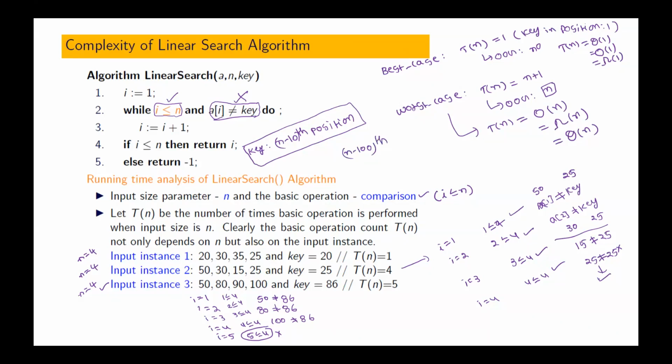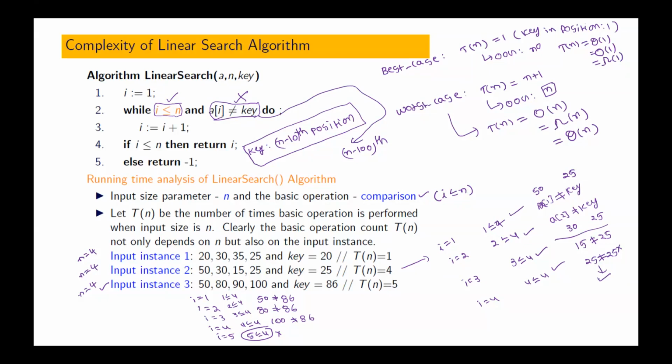Yes, sir. See, however I ask a question, you should simply count how many times this operation is performed. If we are not changing this same algorithm, and the key is in the n minus 100th position, how many times is the A of I not equal to key operation performed?